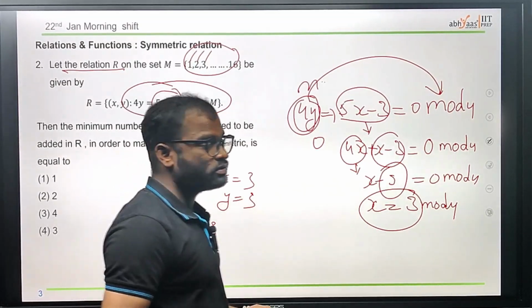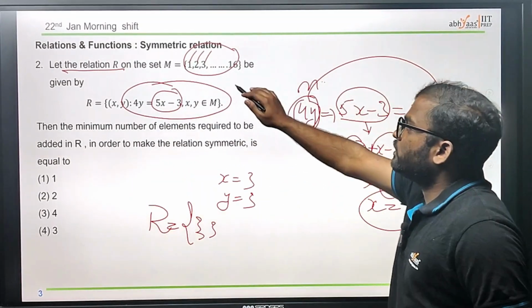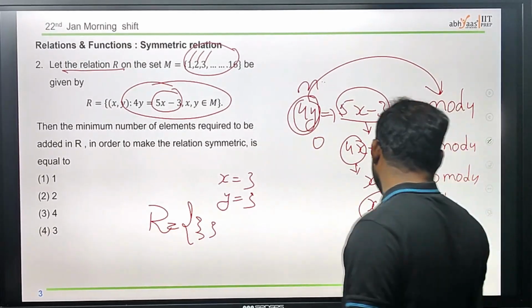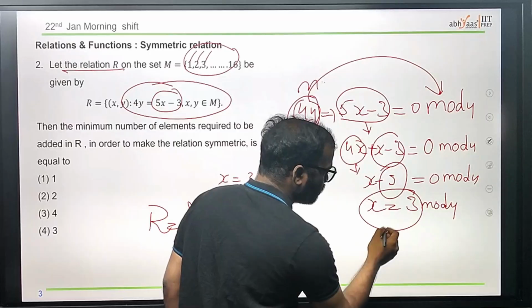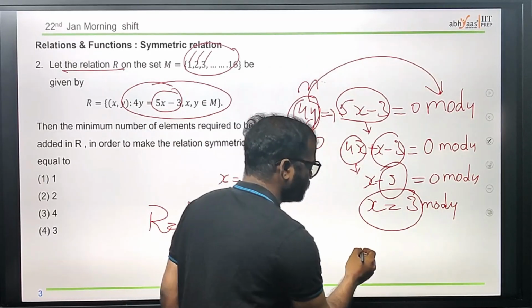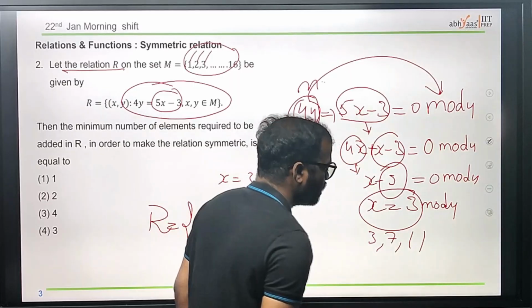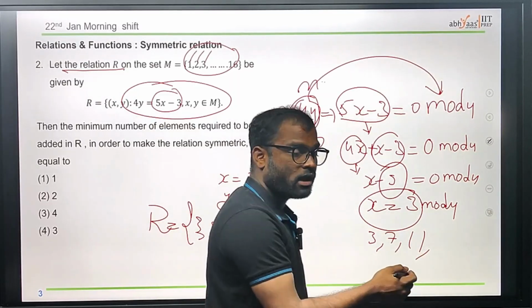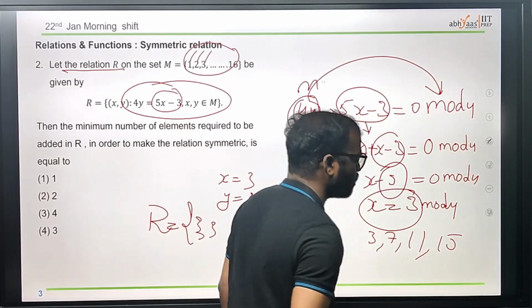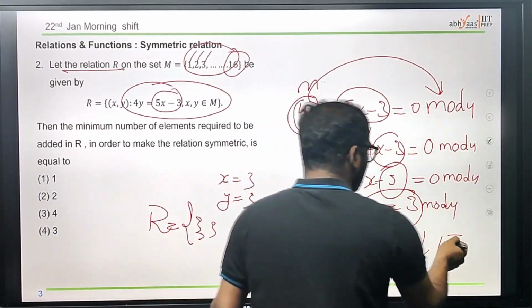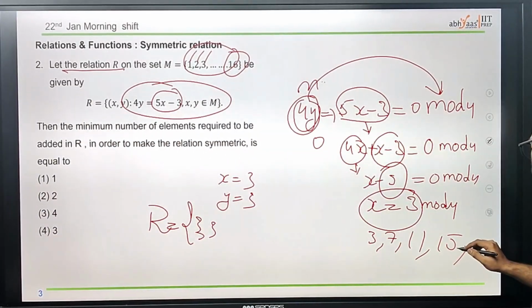And if we have to see another one, which elements we will get in this relation: 3 plus 4 is 7, and 7 plus 4 is 11, and 11 plus 4 is 15, and 15 plus 4 we cannot take because it will exceed 16. It will be 19.